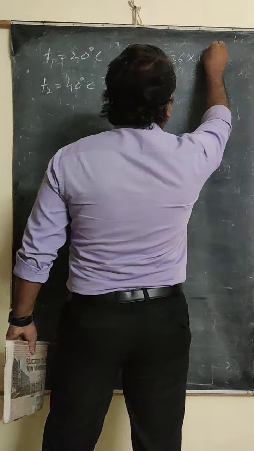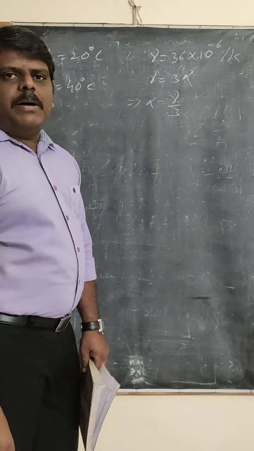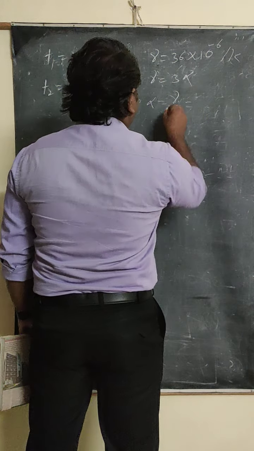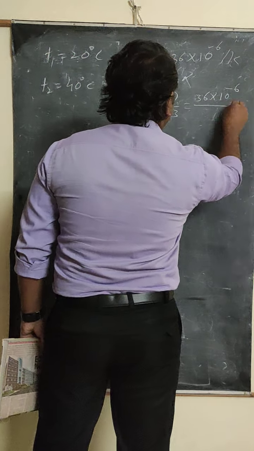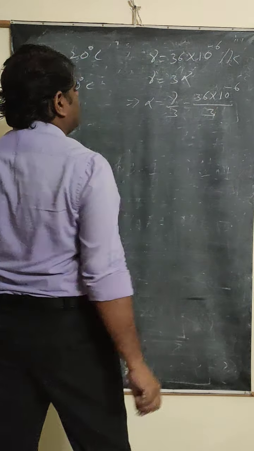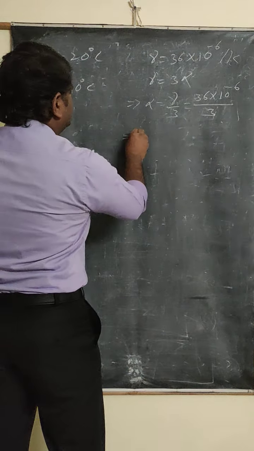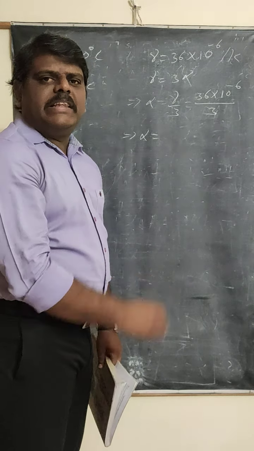That implies alpha is equal to gamma by 3, which is 36 into 10 to the power of minus 6 by 3. So alpha is equal to 36 by 3, and 36 by 3 gives 12.